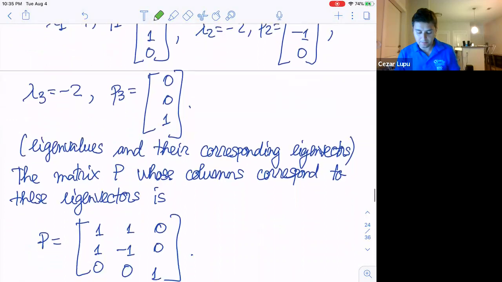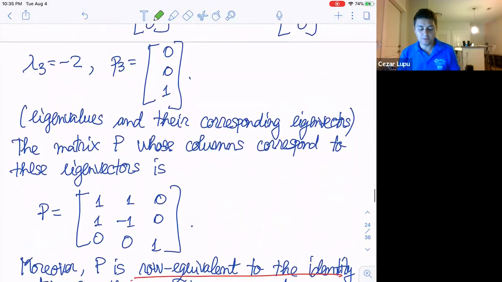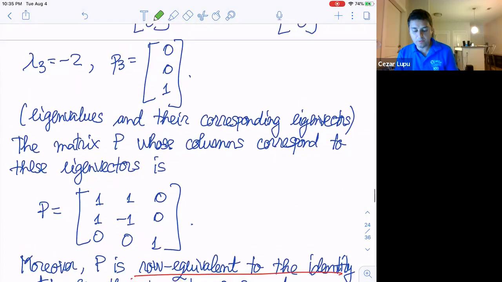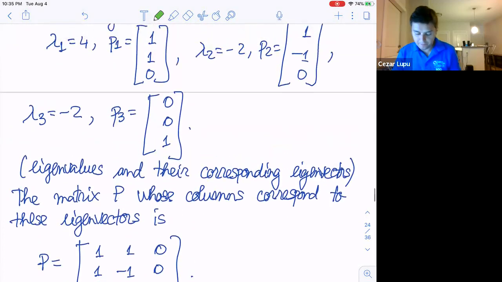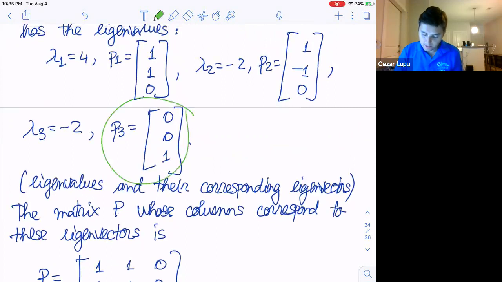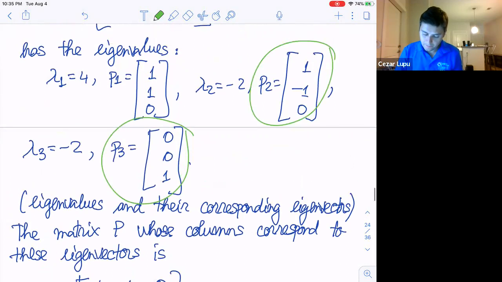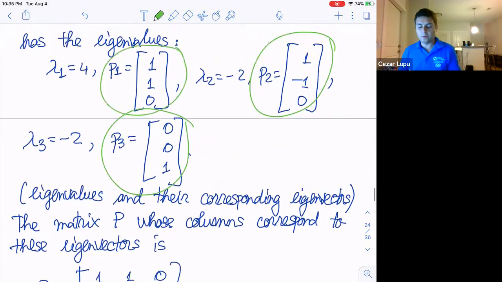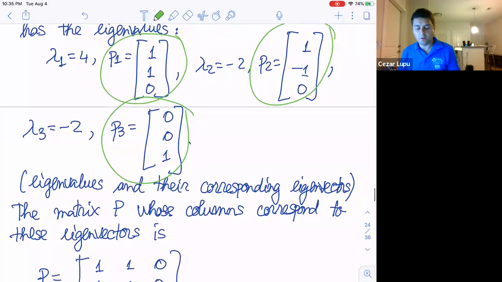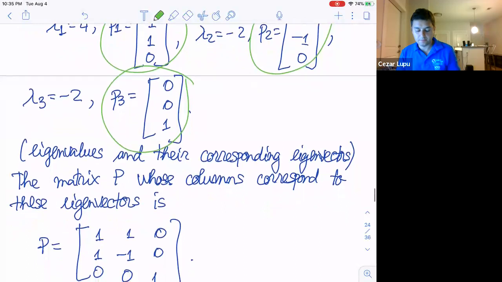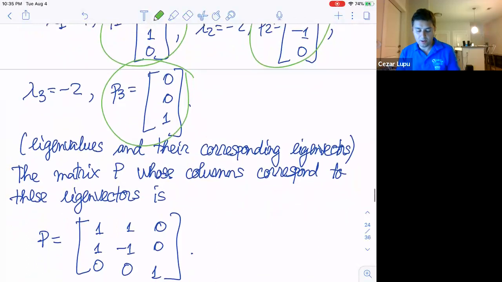So these are the eigenvectors, and the matrix P will be formed by these eigenvectors as columns. As you can see, P1 is here, P2 is here, P3 is here.